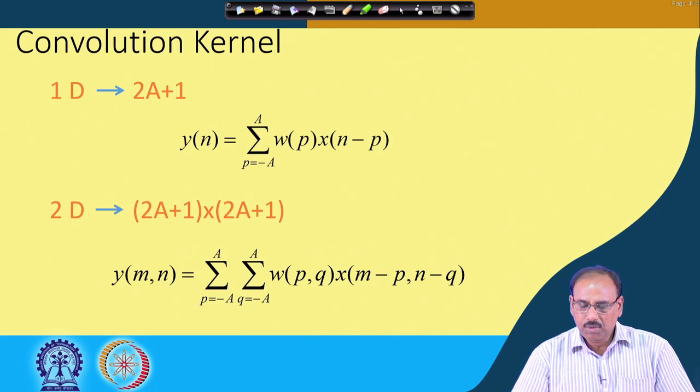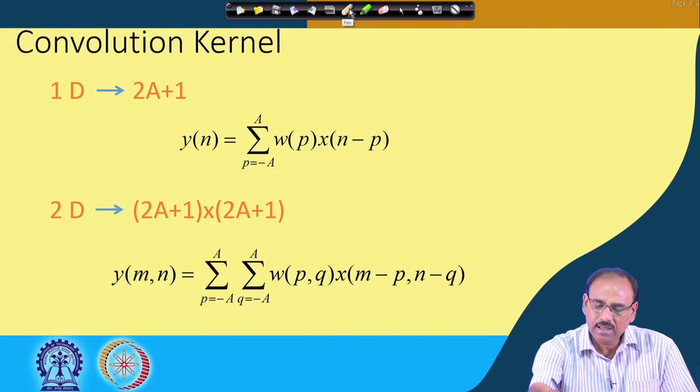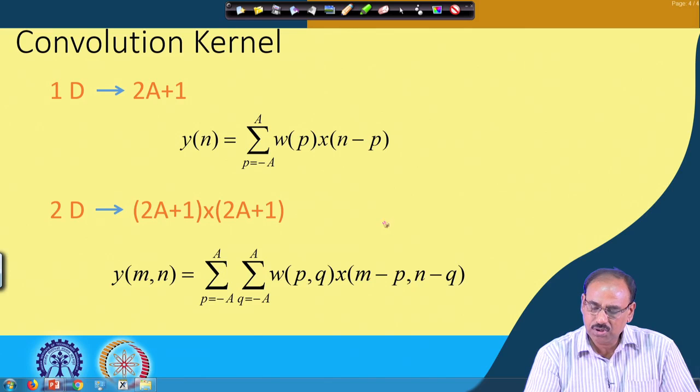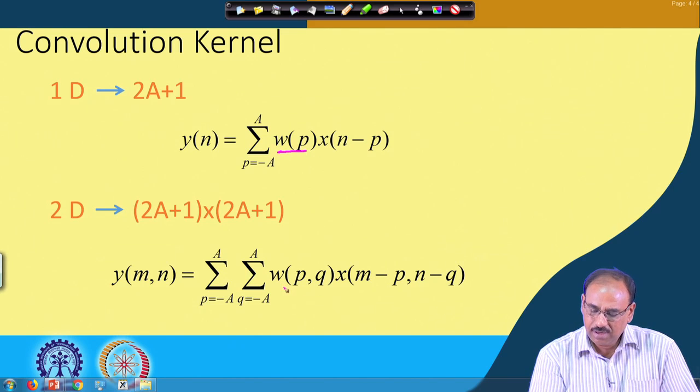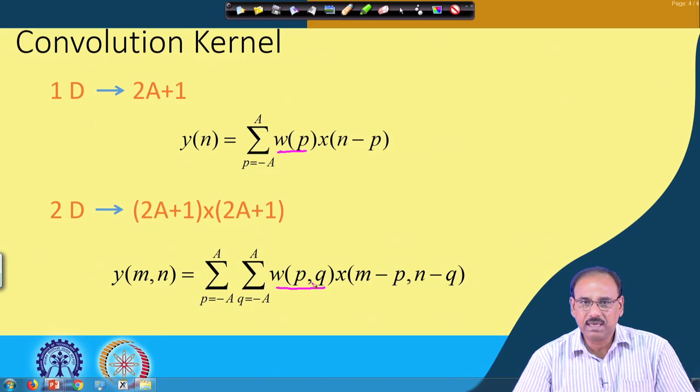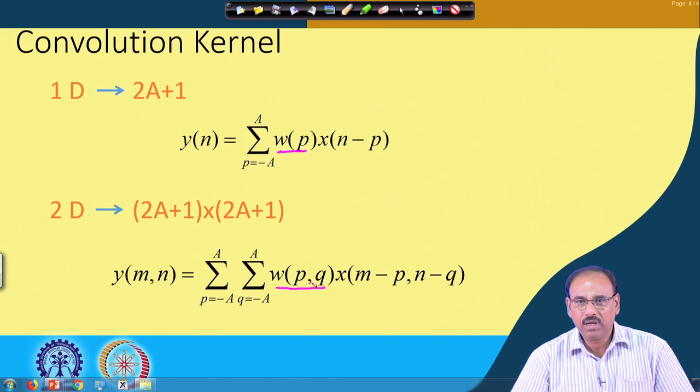And you notice one more thing: in the earlier case, the impulse response we had represented by h, but now I am writing the same impulse response as w. The reason is that the same impulse response coefficients, or kernel coefficients, will be used as weights when, in a node in the convolution layer, you accumulate the weighted sum of the inputs from the previous layer.